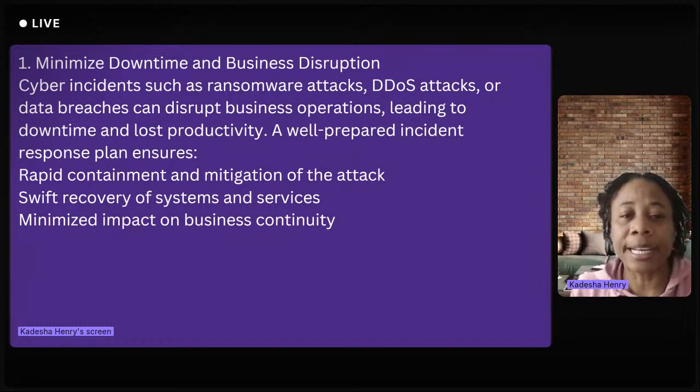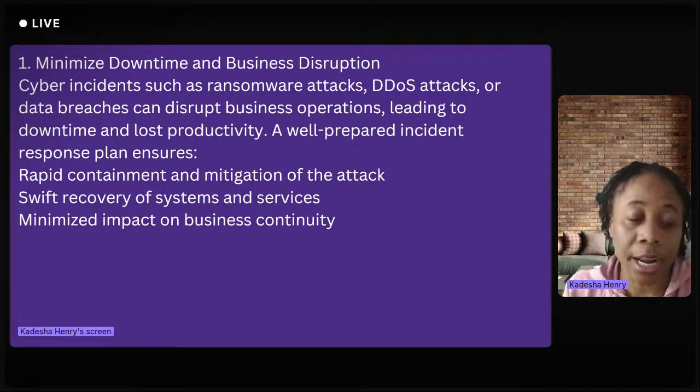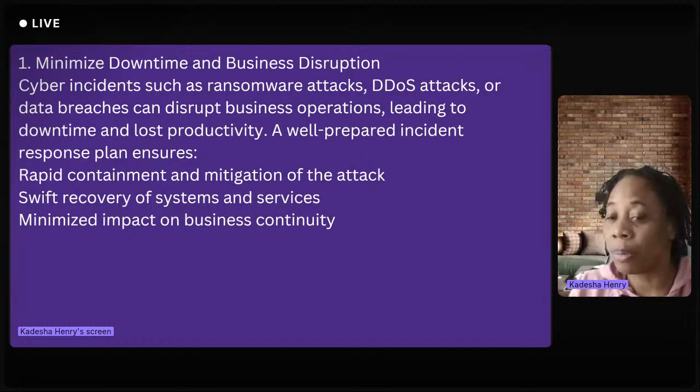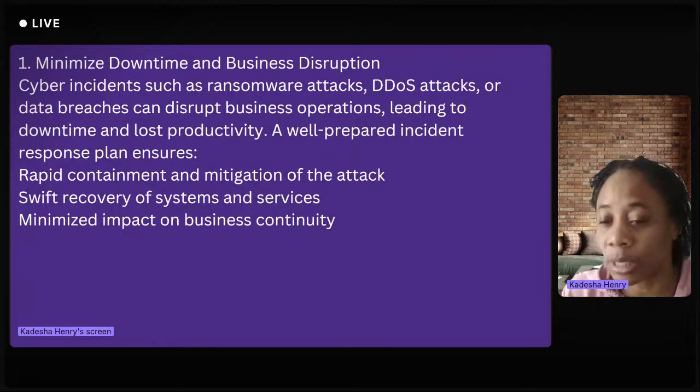So cyber incidents such as a ransomware attack, a DDoS attack, and I'm sure you know what a DDoS attack is, or data breaches can disrupt business operations, and that can lead to downtime and loss of productivity.